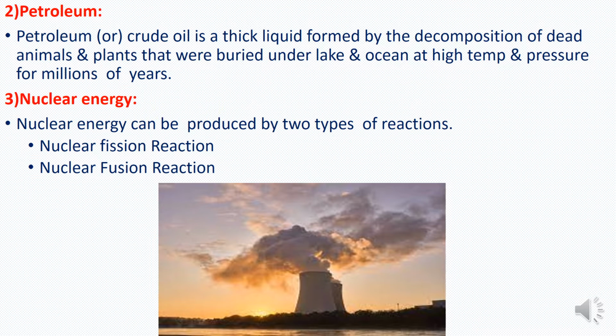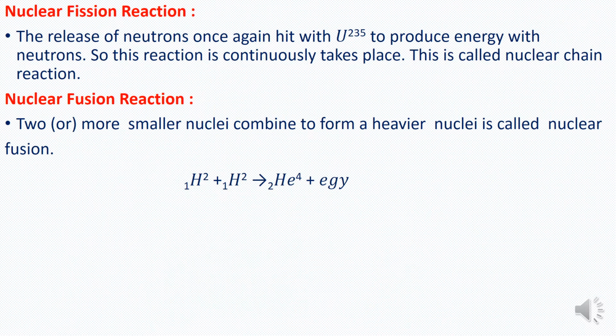Next, nuclear energy. Nuclear energy can be produced by two types of reactions. The first one is nuclear fission reaction, the second is nuclear fusion reaction. Nuclear fission reaction is the process of splitting of a heavier nucleus into two or more smaller nuclei.